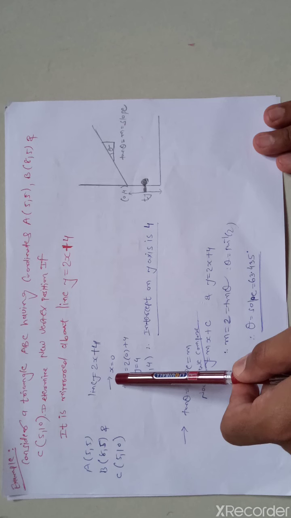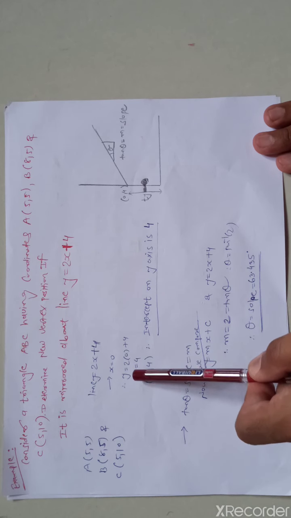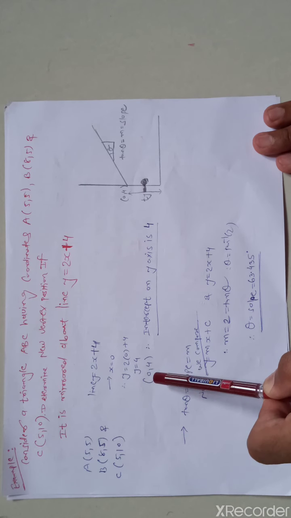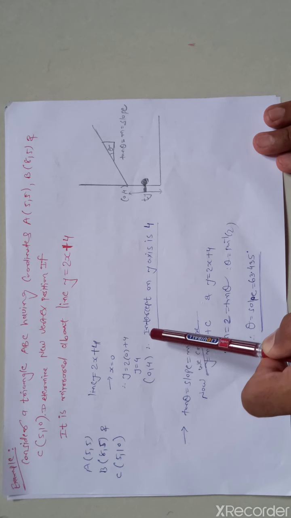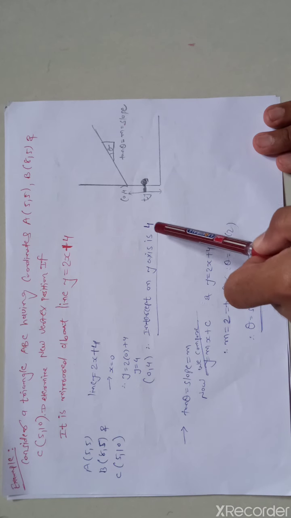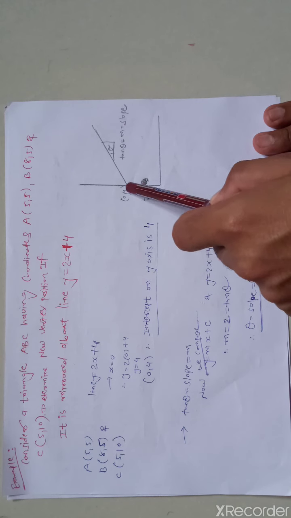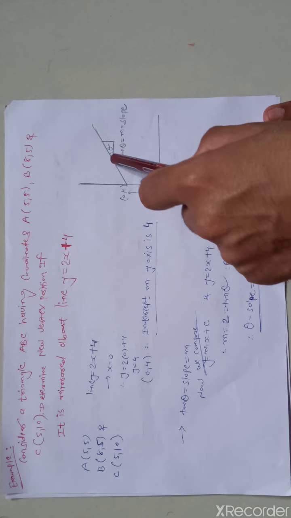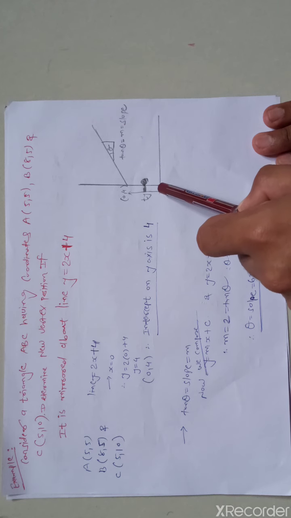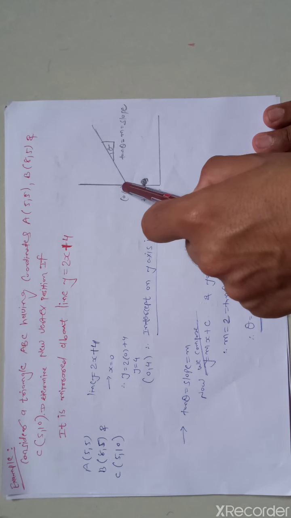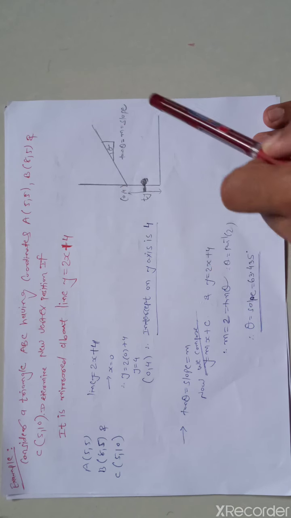So here we first of all put x is equal to 0. So we get (0,4), which means the line intercepts the y-axis at 4. So this is our line equation 2x plus 4, which means the line is 4 distance away from the origin.